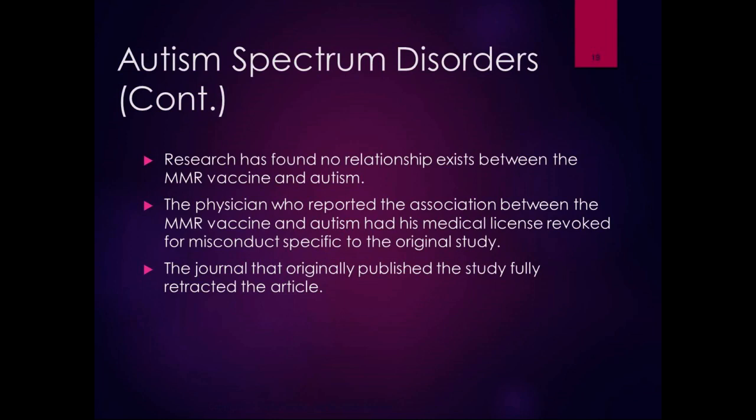The journal that published the study also fully retracted the article. So unfortunately, it's caused a lot of people not to vaccinate their kids, and now we're having outbreaks of diseases that were previously controlled by vaccines. So it's sad, really, but there you go.